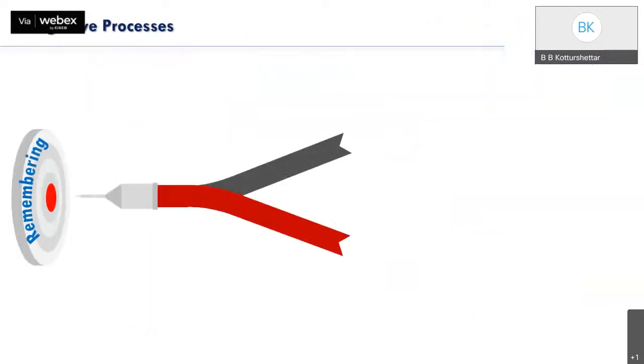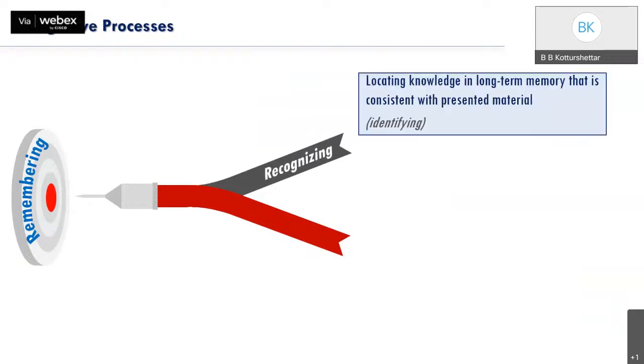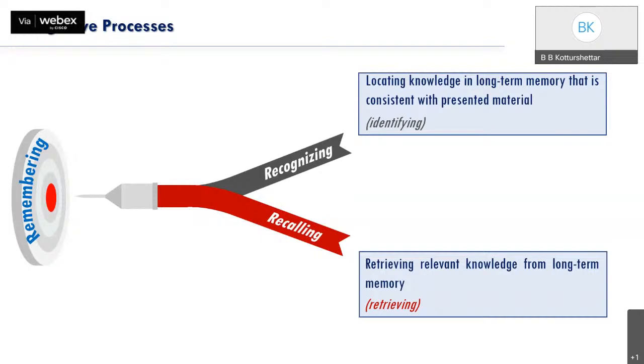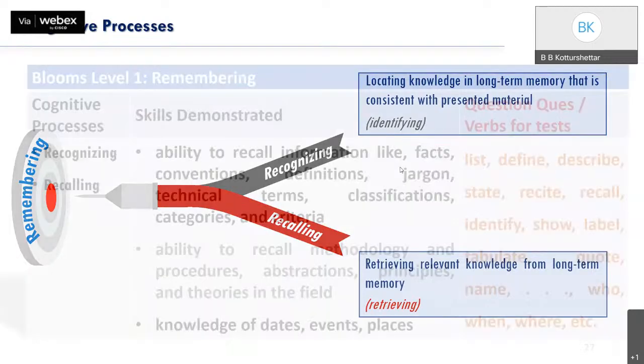So cognitive processes, or the way information is processed in the brain, are of two kinds. One is recognizing. Recognizing is locating the knowledge that is already residing in memory, that has already been taught. Another is recalling. Recalling is retrieving the relevant knowledge again from the long-term memory. The alternate term for recognizing is identifying.